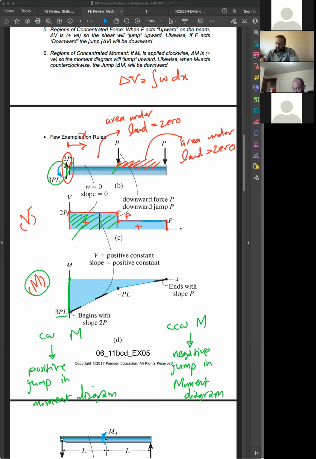So what is this area? It is 2P times this length. I think it is L over 2, right? The whole thing is L. So it would be PL.